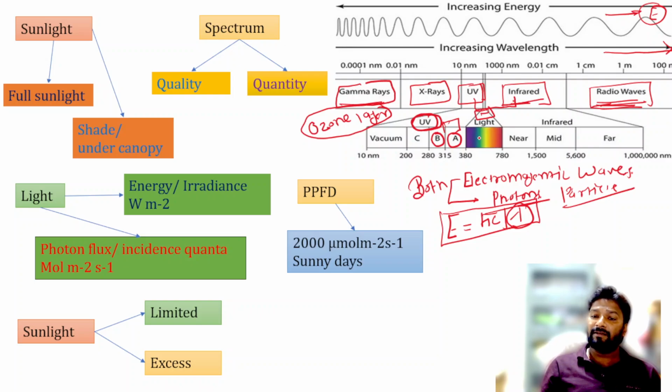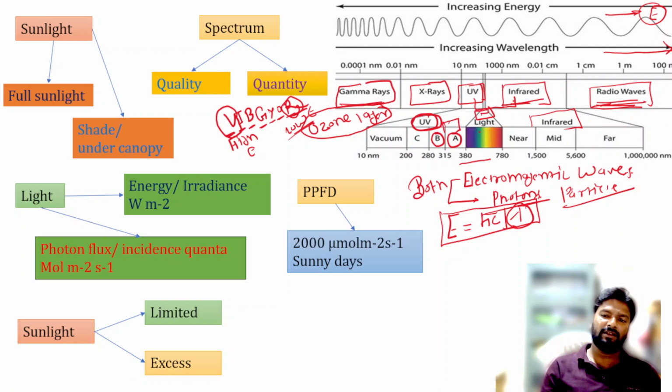Then visible light like VIBGYOR, that is violet, indigo, blue, green, yellow, orange, and red. So violet has high energy and red has low. Okay, so these are the waves. Then infrared waves. So this is about the spectrum.